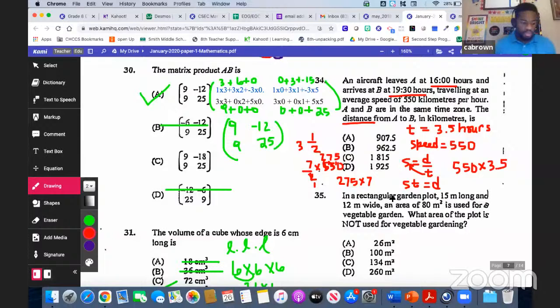And when we do 275 times 7, that is 1925. So our answer here is D. And you can use whichever method you want. If you had wanted to do 550 times 3.5, you would have still gotten the same answer of 1925.